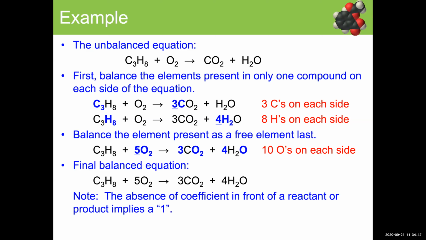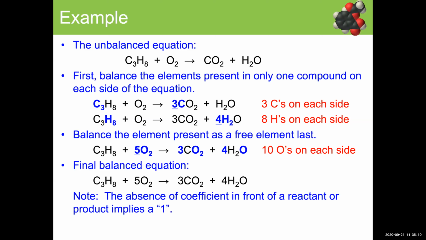The next thing we're going to balance is the hydrogen. We're going to save the oxygen for last because it's a little easier if you save the compounds that just have 1 atom in them for last. So we did carbon, now we're going to do hydrogen. On the left we have 8 hydrogens in the propane.